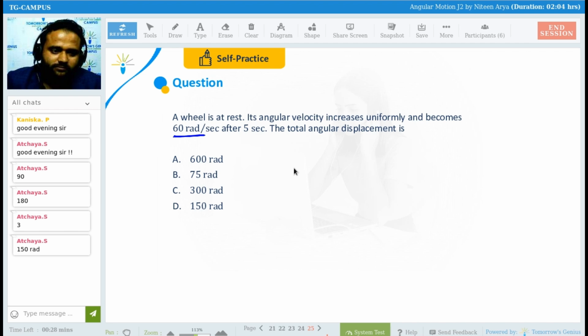Did you get it, beta? This Kanishka, you are finding the answer. What is the answer? A, B, C, D. Sir, am I audible?